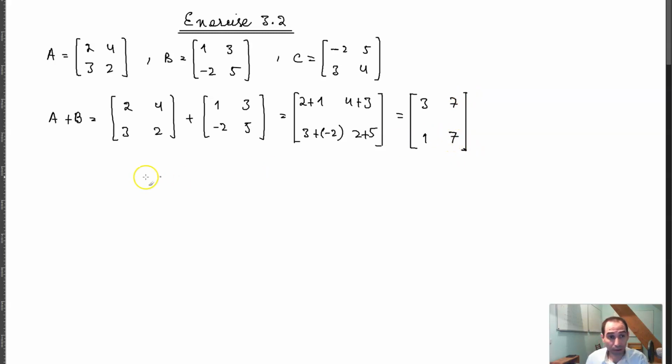Now A minus B is the same thing. So 2, 4, 3, 2 minus 1, 3, negative 2, 5.